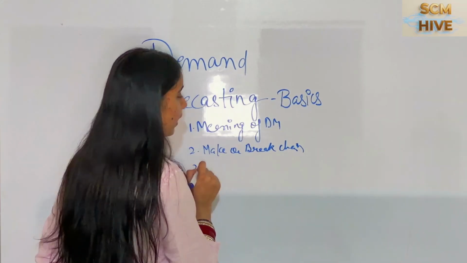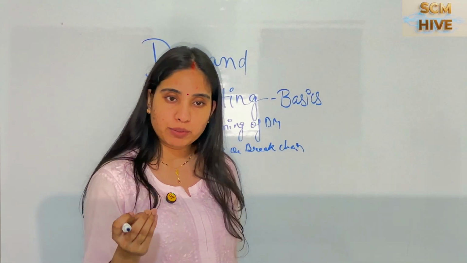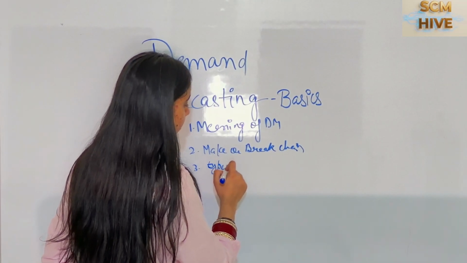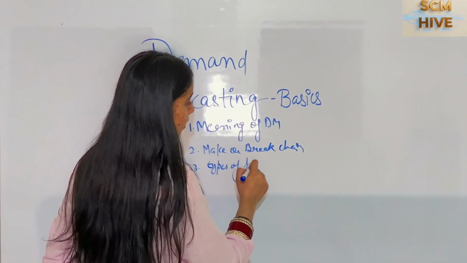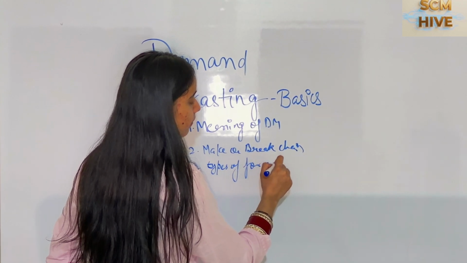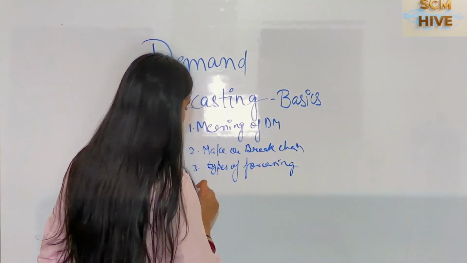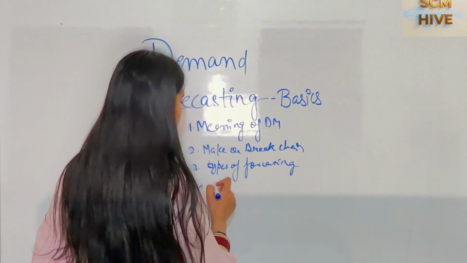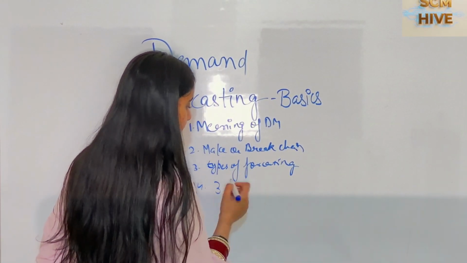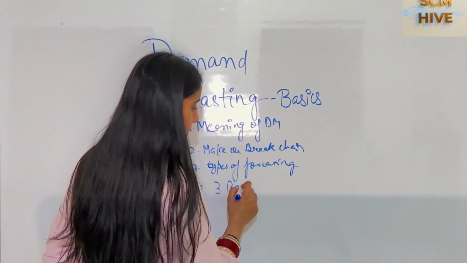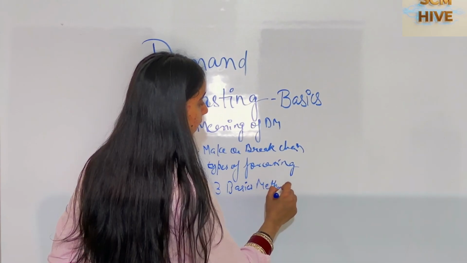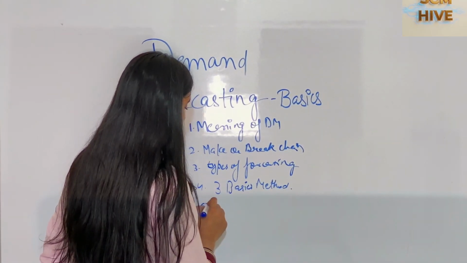And the third point, we will cover the types of forecasting, how many types there are, and what is the role of these types in terms of forecasting. And the fourth point is three basic methods, which is a super easy model to understand, with really easy examples.